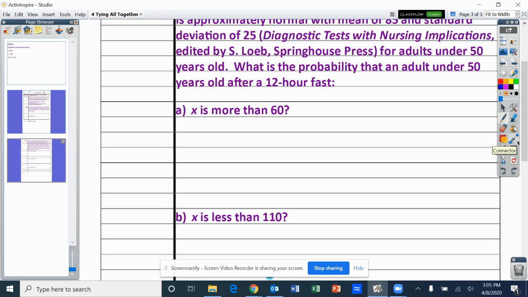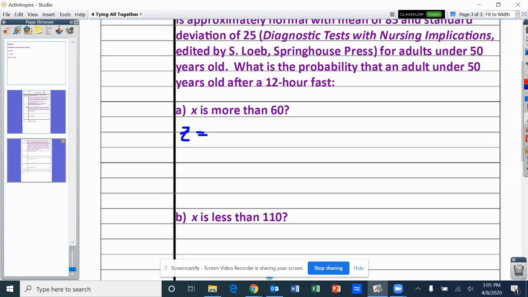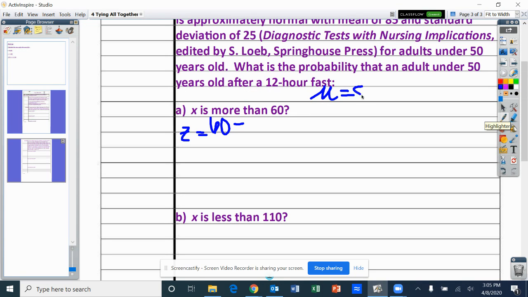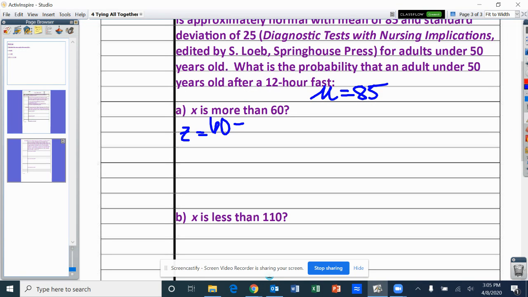So first things first. Mu for this example is 85. Sigma is 25. So we get a z-score of -1.